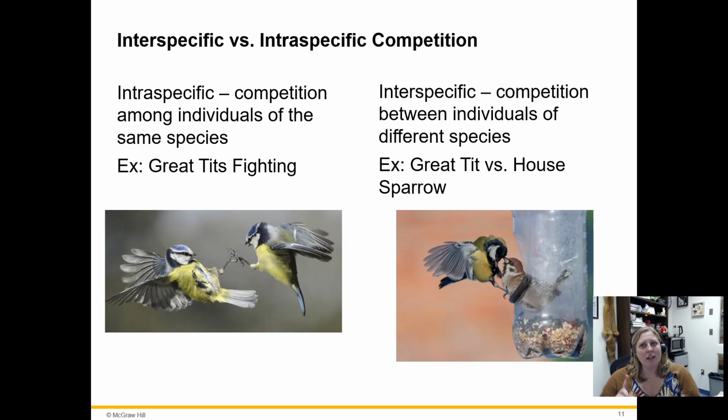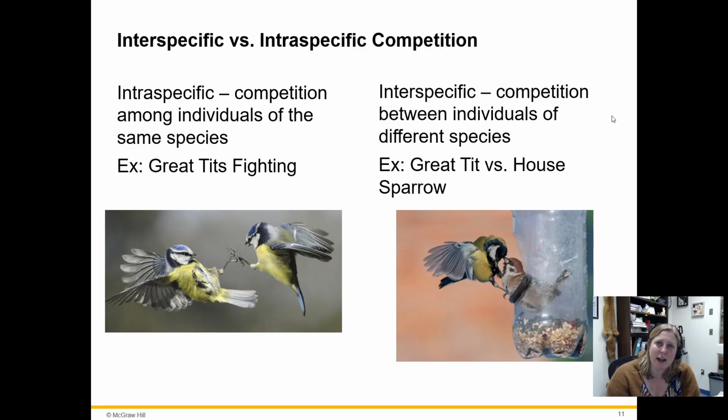And it is not eating at that point, and so it is spending energy that it's going to have to make up for by eating. Now, is it beneficial to fight off the great tit and get all of that food to themselves? Probably, but is the food in a birdhouse or bird feeder really going anywhere? Probably not. So we do see a lot of competition in that way.